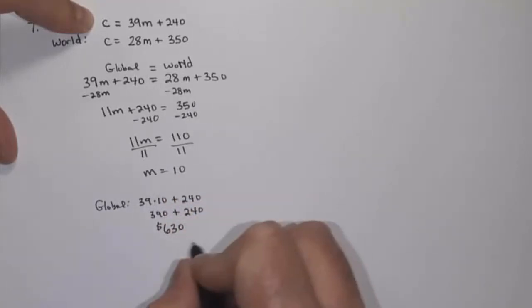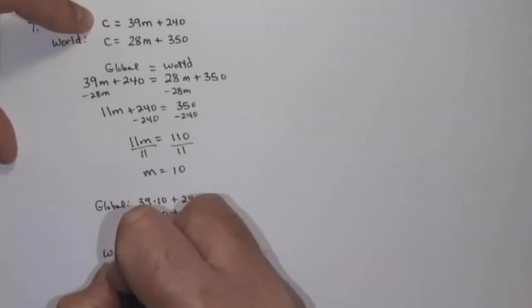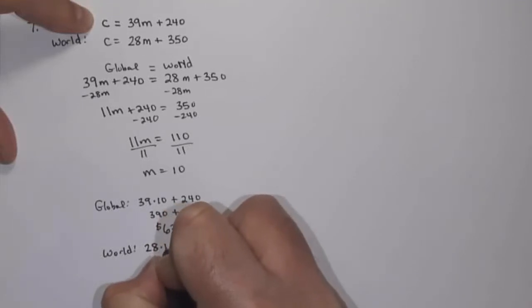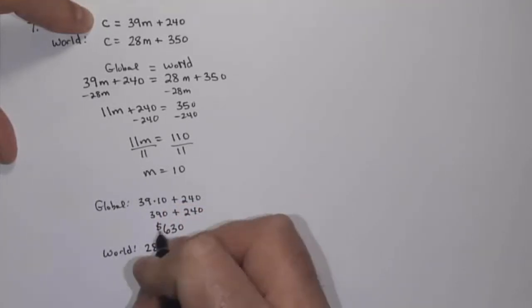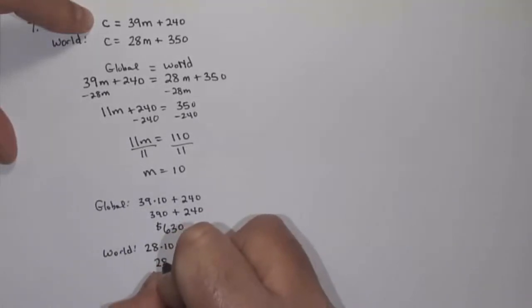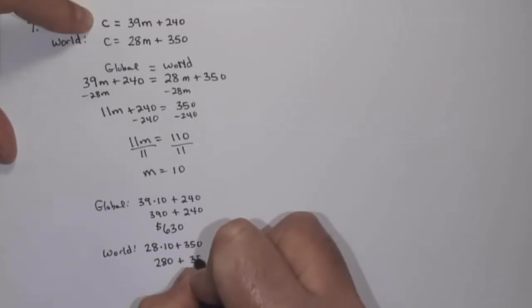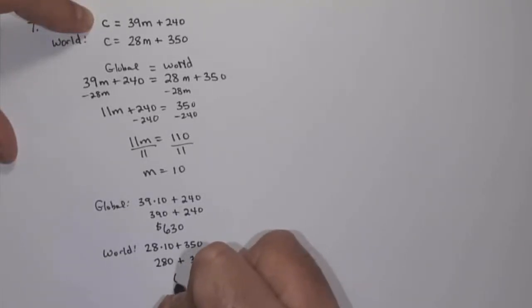So at 10 months, Global is going to cost a total of $630. World is going to be $28 a month times 10 months plus the $350 for installation. 28 times 10 is going to be 280, and 280 plus 350 is also equal to 630.